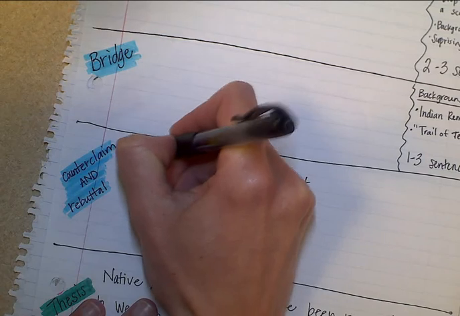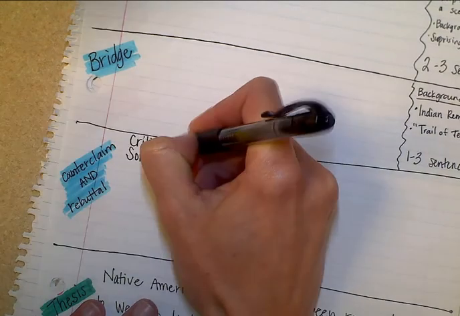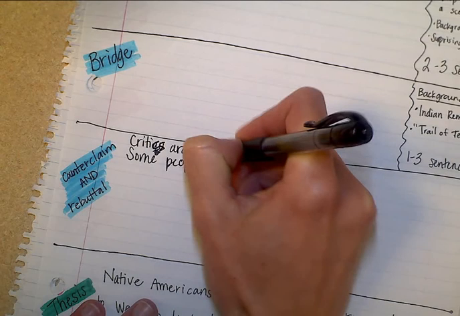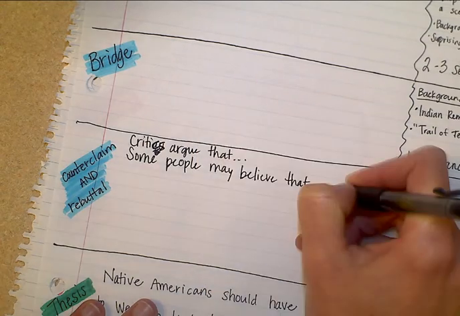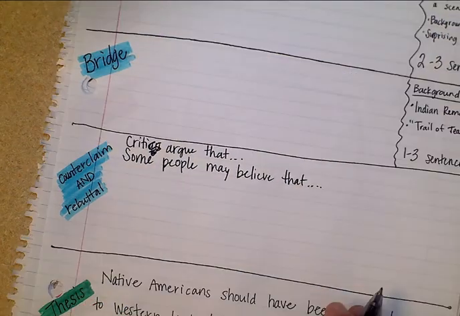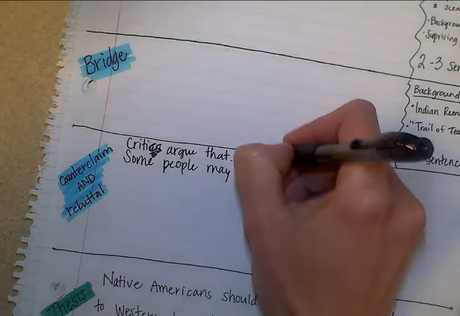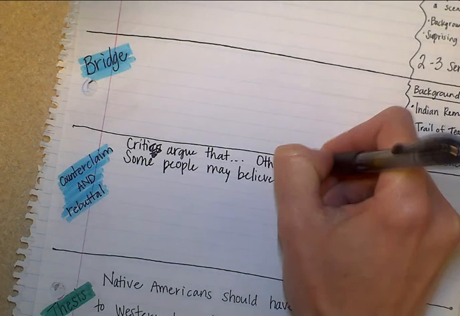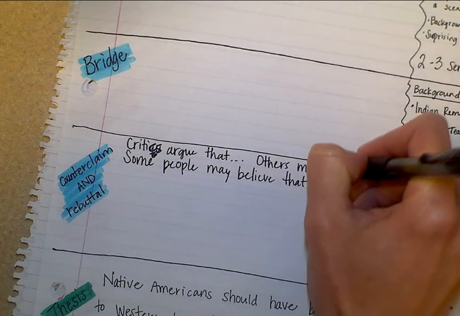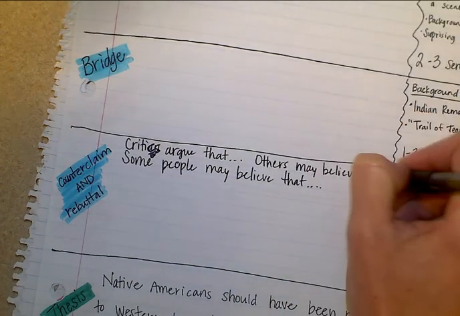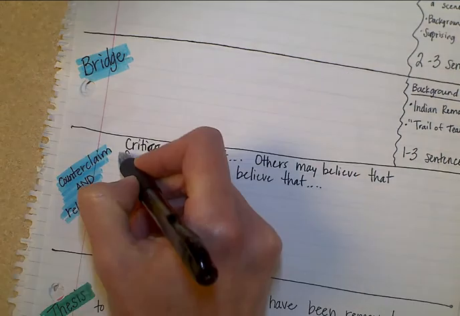I am arguing that Native Americans should have been removed, so up here, I'm going to do the opposite. Some people may believe that Native Americans should not have been removed to Western lands because. Remember, in a formal paper, we do not use contractions. So we cannot use "shouldn't."